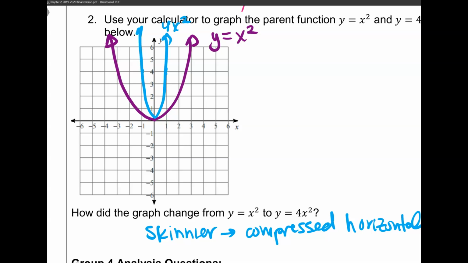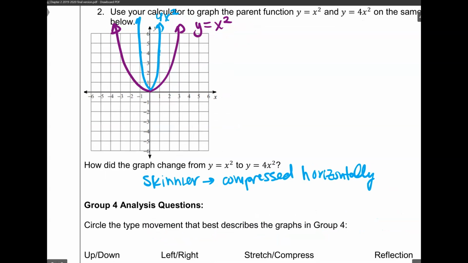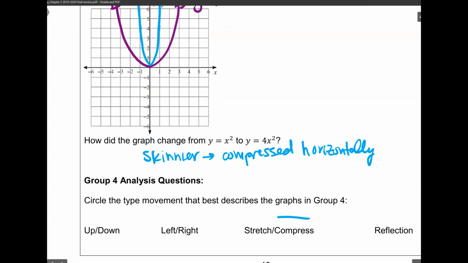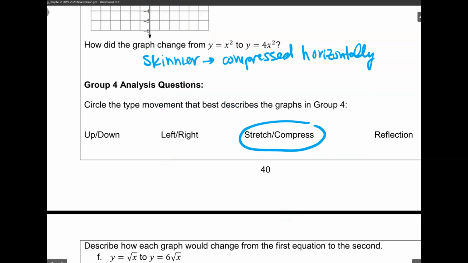You're coming from both sides, making it smaller. So you could say compressed horizontally, or you could say it's stretched, a vertical dilation. If you ever go to the eye doctor, they dilate your eyes, your pupils get bigger. So a dilation means you're getting it bigger, you're stretching it vertically. All right, so what type of movement is this? Stretching and compressing.